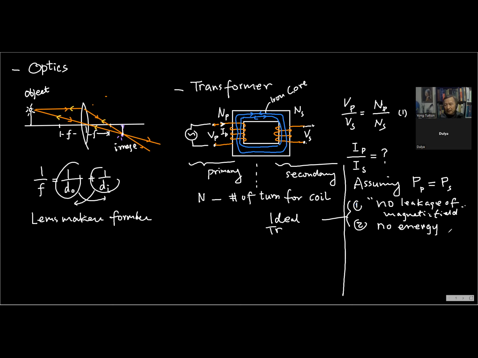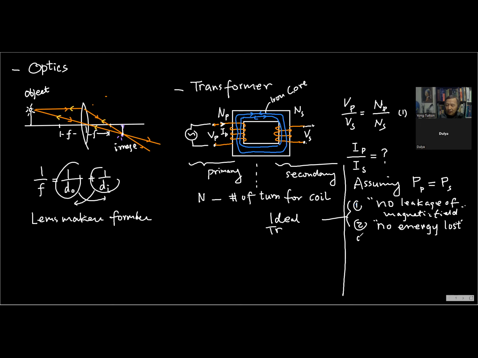conditions cannot be satisfied. No energy lost. All right. You can't, because the coil has resistance, right? Any resistance, when you apply the current, regenerates heat, right? So that is why, unless you use a superconductor, all right?